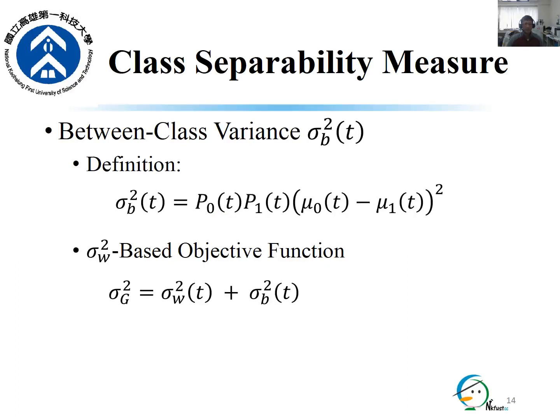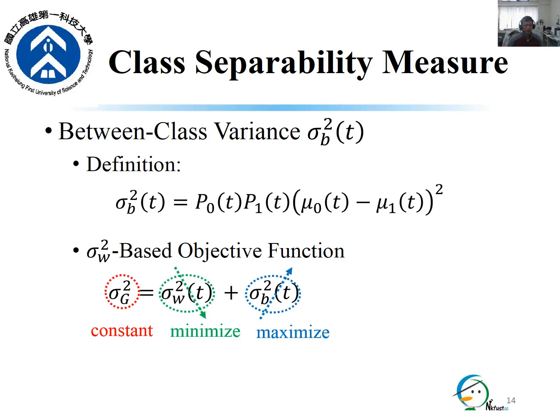According to statistics theory, the global variance sigma g squared of an image is a constant and equals the sum of within-class and between-class variance. Consequently, minimizing sigma w squared equals maximizing sigma b squared of t.